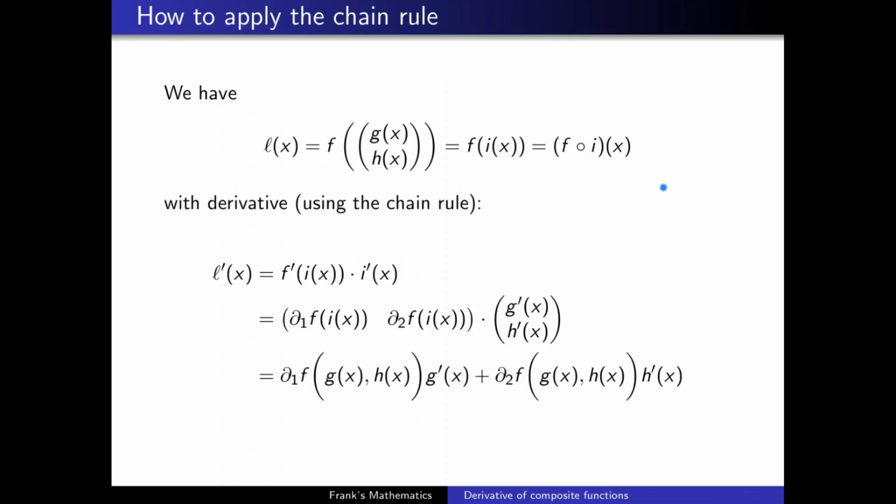Now we apply the chain rule. So the derivative of the composition here is just f prime applied to I of x times the derivative of I. The derivative of f applied to I of x is just this expression here multiplied by this vector. Well, this is just an easy vector times vector multiplication, and you end up with the expression that I showed you in the very beginning.